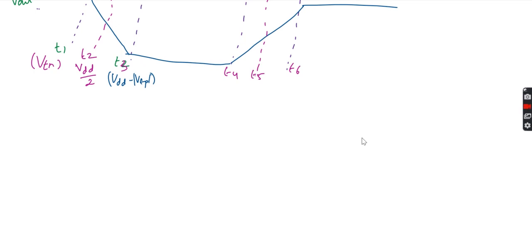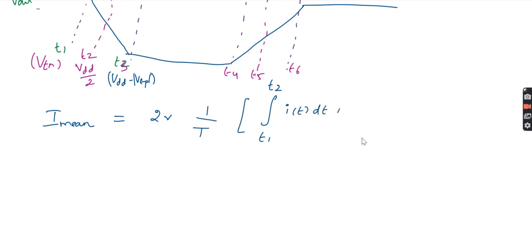That is I mean. So the I mean, that is the mean current, will be 2 times of, because 1 by T. Now you can see the integral T1 to T2 first. You take T1 to T2, we'll have one current, right? That is the integral of I of T into dt, plus the next current, that is T2 to T3, I of T into dt.